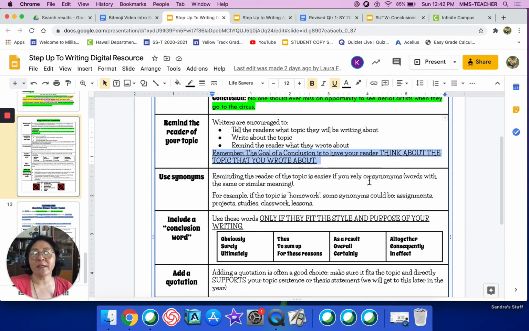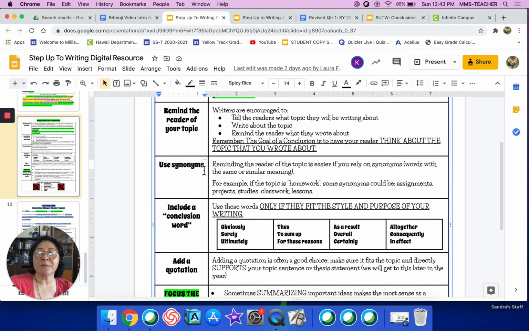You're not writing for no reason. There is a reason you are writing, and the purpose of the conclusion is to remind the reader, the person who's reading your writing, what you wrote about. Okay, and to think about what you wrote and what you had to say about that topic. Okay, another thing you can do is use synonyms.